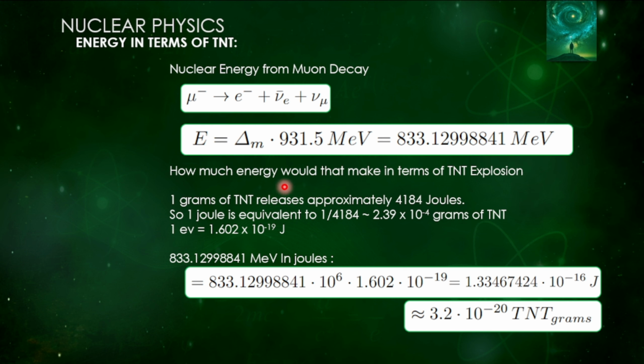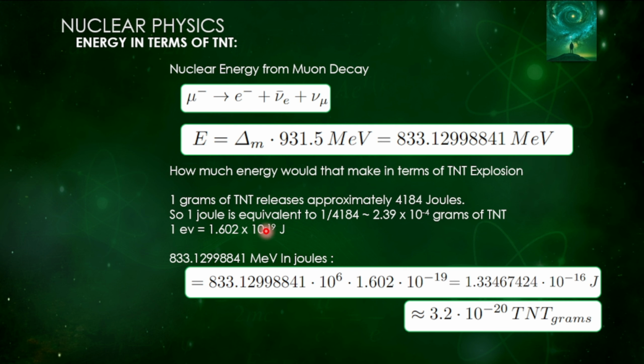All right, so how much energy would that make in terms of TNT explosion? The number we got from the previous page, from this reaction. It's interesting to calculate the energy in terms of TNT grams. So 1 gram of TNT releases approximately 4,184 joules.